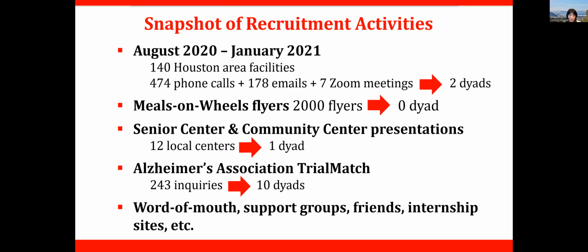We disseminated 2,000 flyers through Meals on Wheels, but no dyads. We did presentations at 12 local senior and community centers, and we got only 1 dyad. And we registered for Alzheimer's Association Trial Match, and we received 243 inquiries, and we got 10 dyads.